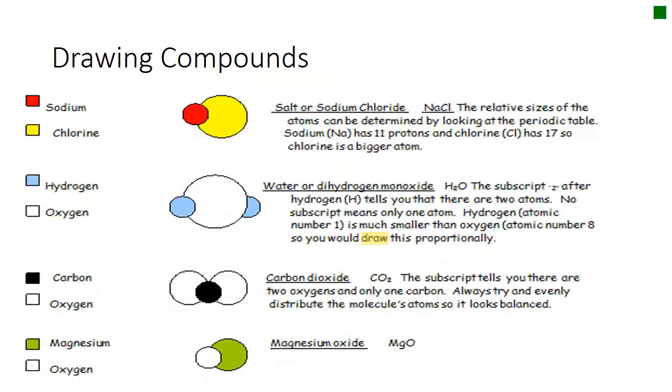I'm not remembering the masses of oxygen and carbon right now. I'm pretty sure carbon is 12. And oxygen, actually yes, 8 is the atomic number, so 16 has got to be the mass. That's correct. You have 2 oxygens, so you're going to have to draw 2 oxygens. They are bigger than carbon, therefore you have to draw them bigger than carbon, and that's carbon dioxide.